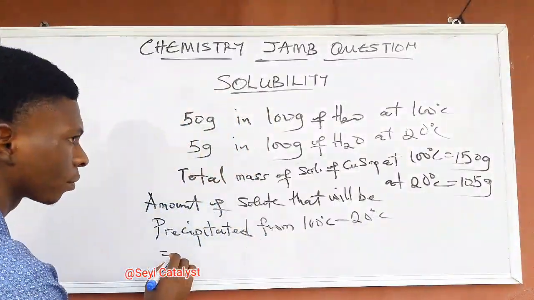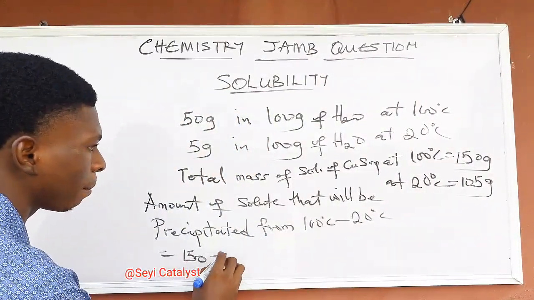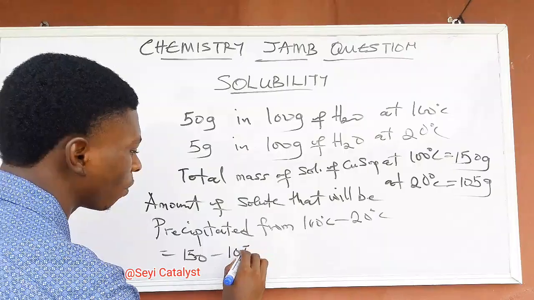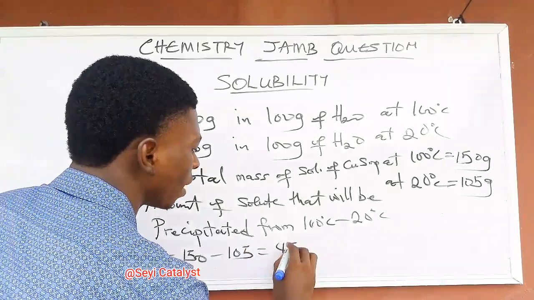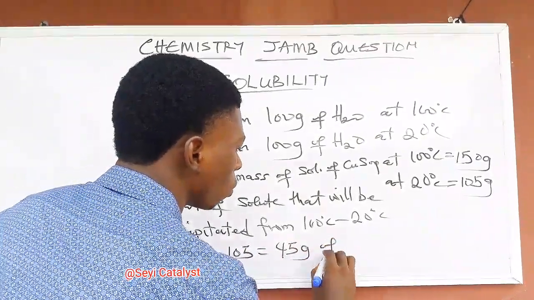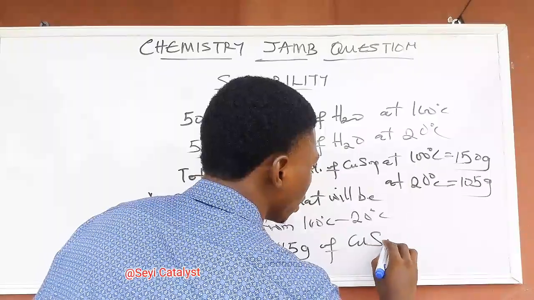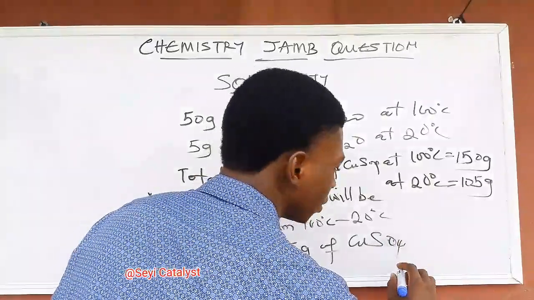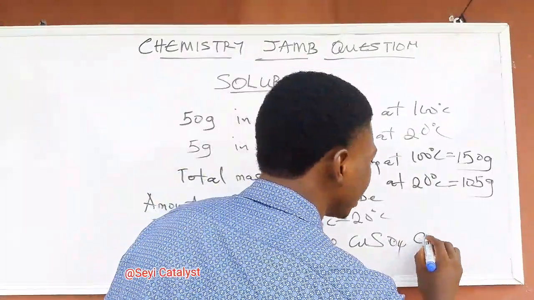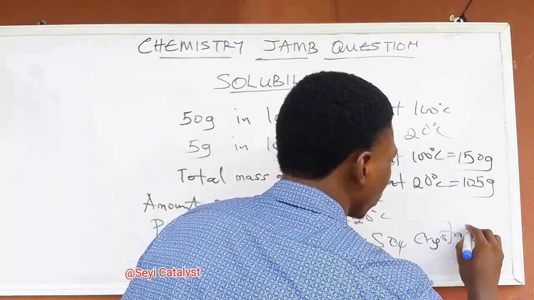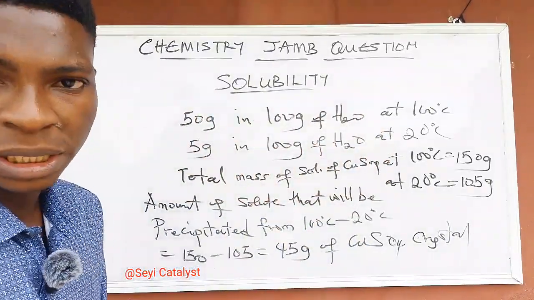That will be 150 minus 105, which is 45 grams of CuSO4 crystal. So, are you getting my point, please?